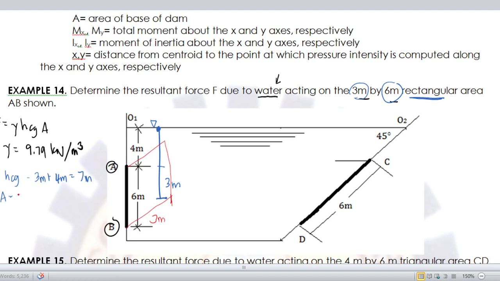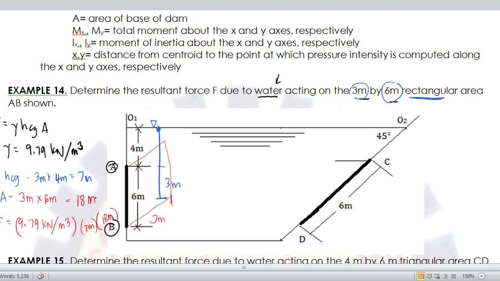Obviously, all you have to do is multiply those dimensions. 3 meters times 6 meters is 18 square meters, and that's the area. So, substituting, the force will be 9.79 kilonewton per cubic meter times your distance, which is 7 meters, times your 18 square meters.